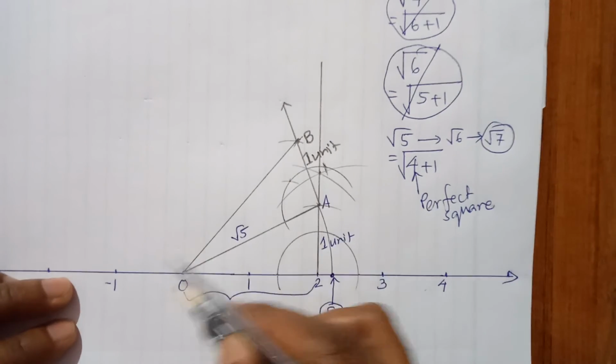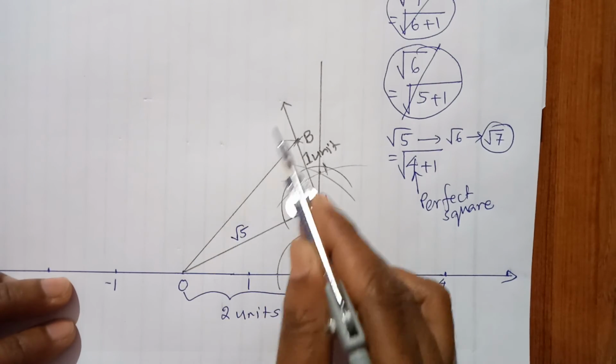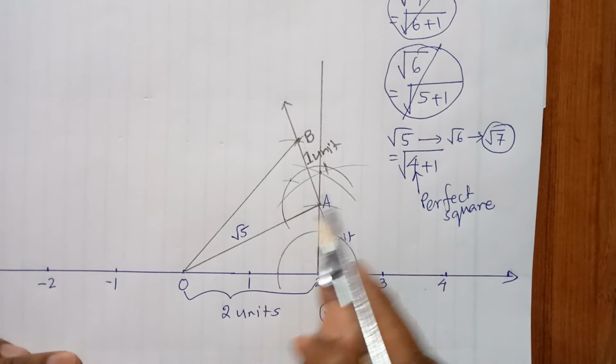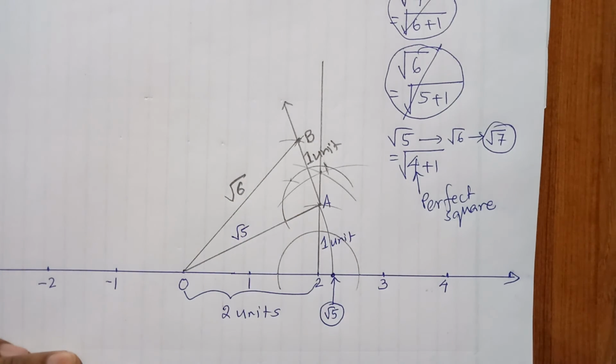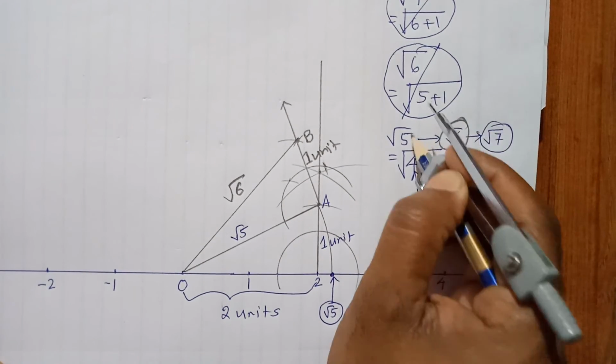So this is a right triangle: this is the base, this is the perpendicular, this is the hypotenuse. Now using the Pythagoras theorem find this hypotenuse OB, and when you calculate, it will come to root 6. So we have got root 6, root 5 already done.